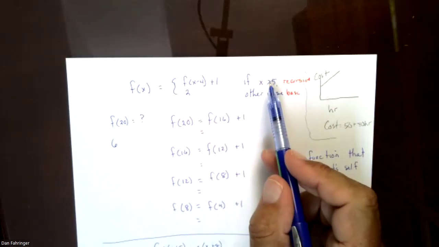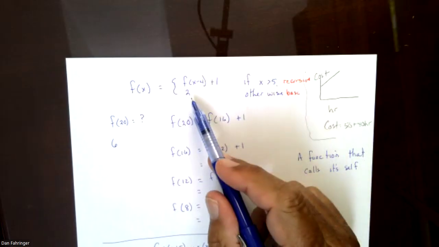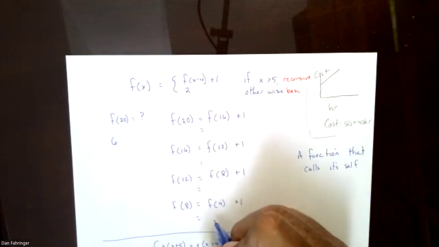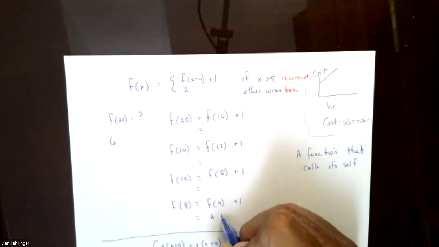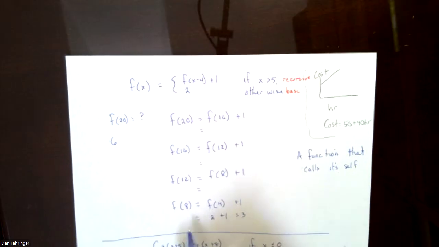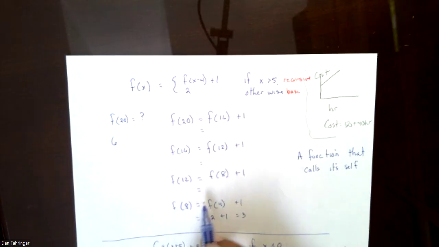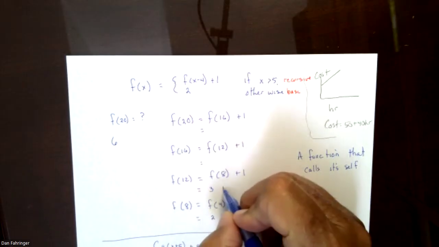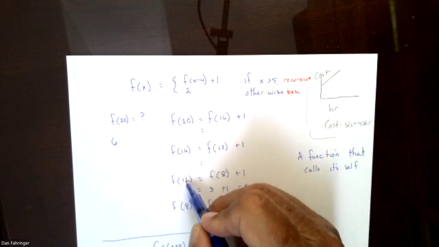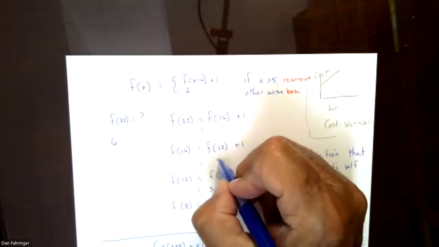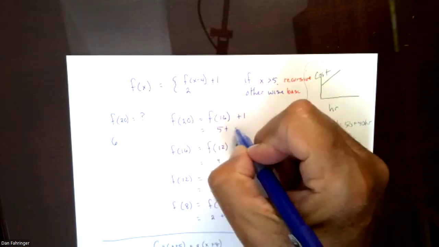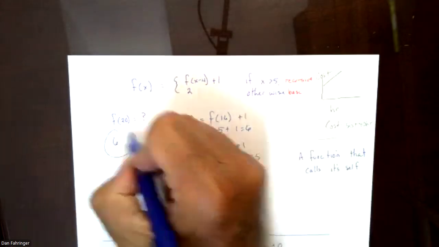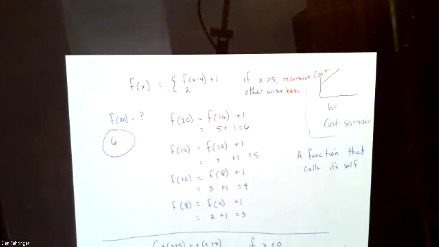F of 4 is 2. So this is 2 in place of f of 4. If I add 1, I get 3, which is my f of 8. Put it up here and add 1, I get 4. So that's f of 12. Here's a 4, and that gives me 5. And I think I'm happy with that answer of 6. Nicely done, Jacob.